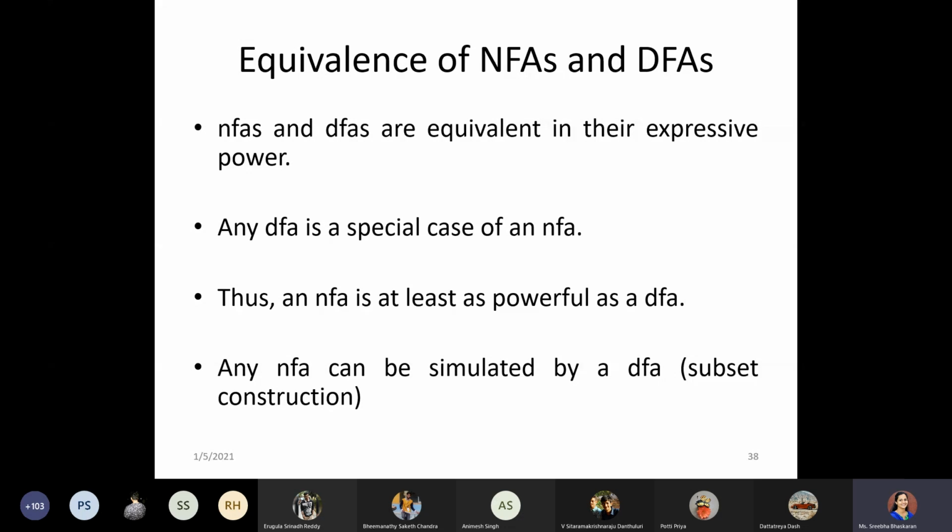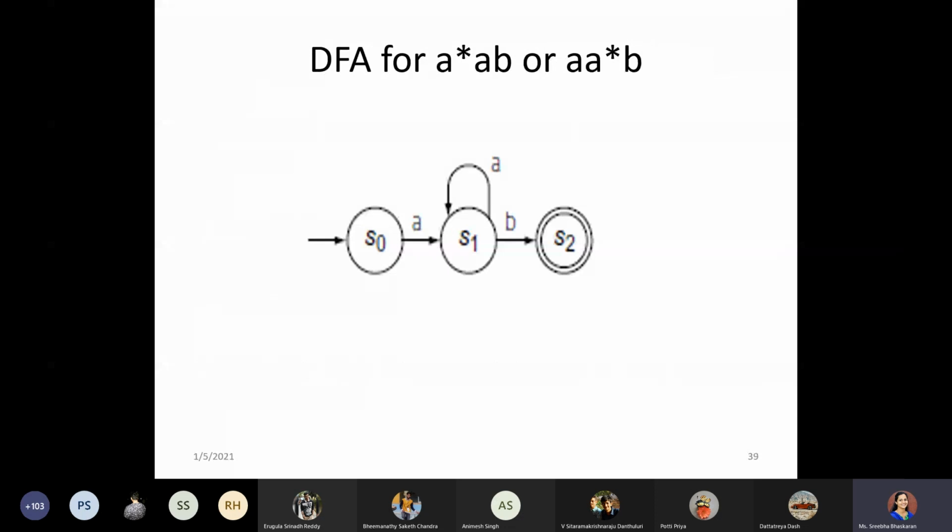But the finite automata constructed in deterministic form is the more powerful one, because it has a unique representation, so we can easily construct the code and everything can be expressed very easily. There is no confusion, everything is unique, and we also don't have any empty strings.